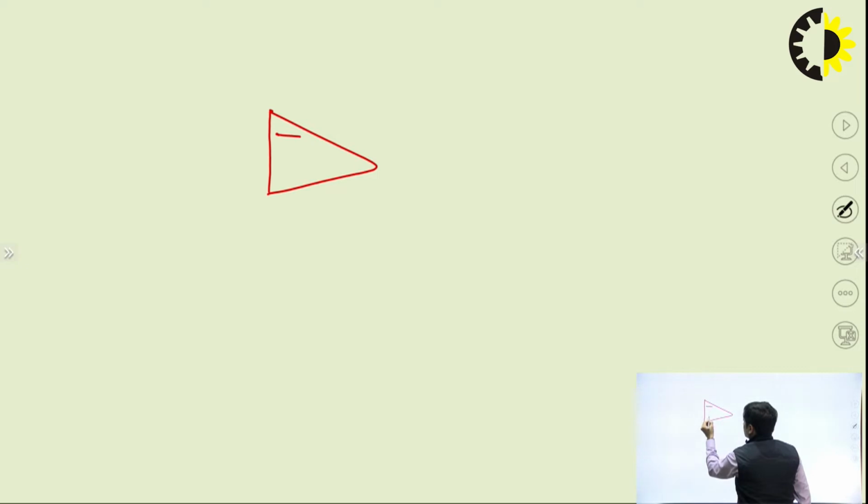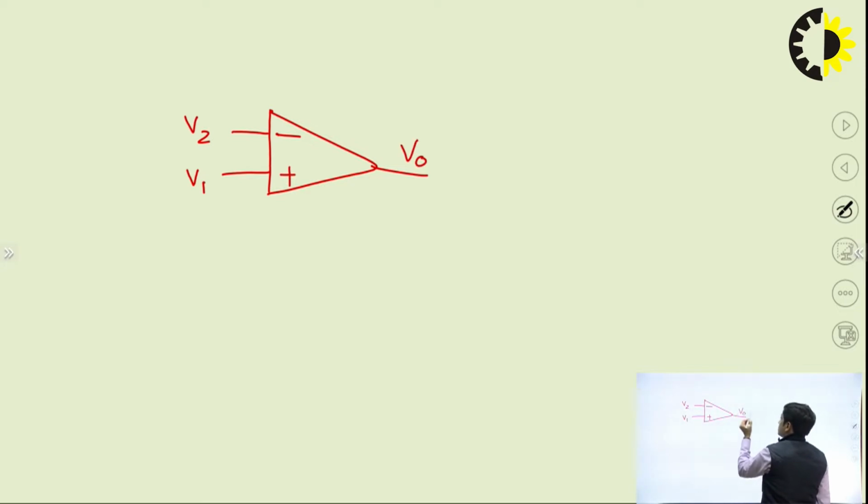In this operational amplifier, let's say V1 voltage is applied at the non-inverting terminal and V2 voltage is applied at the inverting terminal, and the output voltage is V0. If it is 741 IC, then it requires 12 volt supplies.